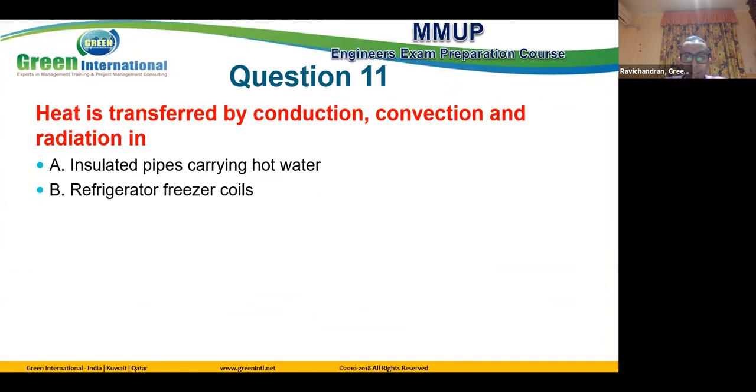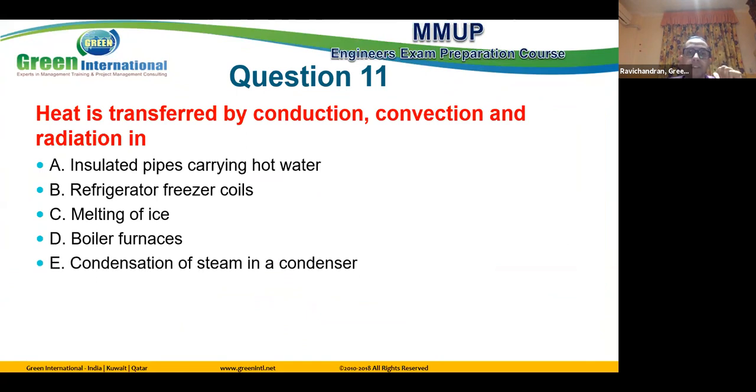Heat transferred by conduction, convection, and radiation. It means all three happen, and none is a sole measure of heat transfer for this application. Which one has all three?